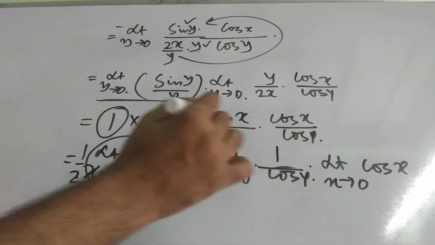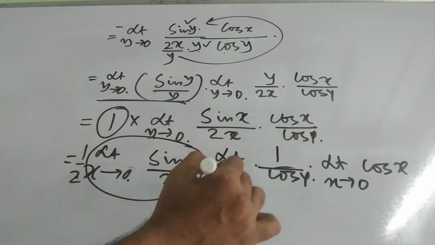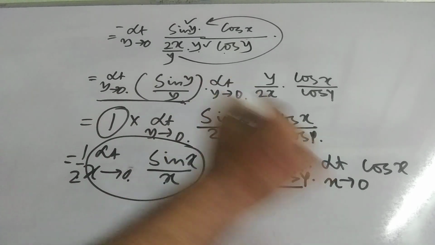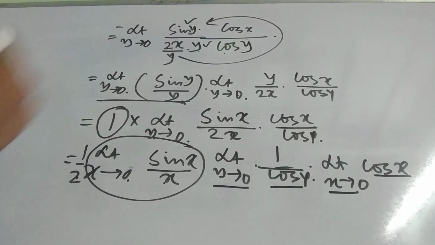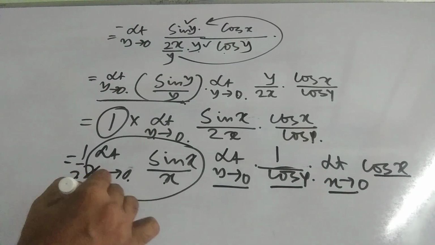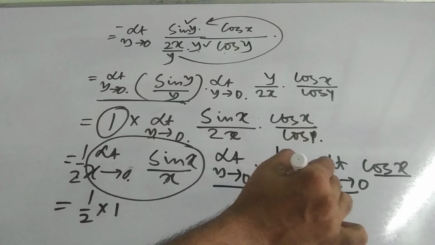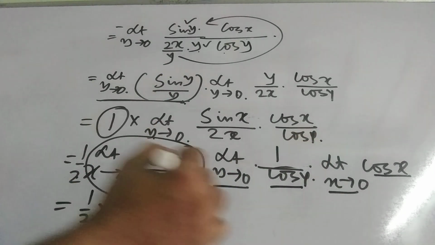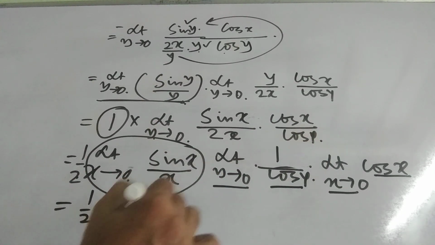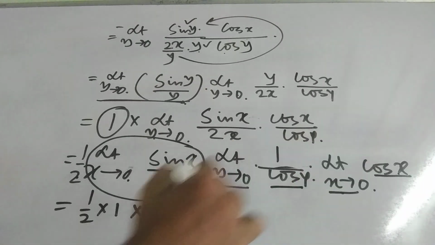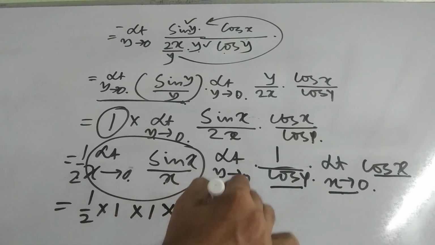The rest of the part is mixed with x and y. Now here limit y tends to 0 1 by cos y and limit x tends to 0 cos x. So this part is half, this part is 1, this part is cos 0. If I put y equal to 0, then cos 0 equals 1, and if x tends to 0, cos x is also 1. That is, the entire value will be half.